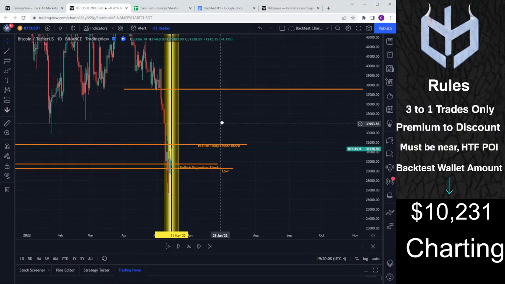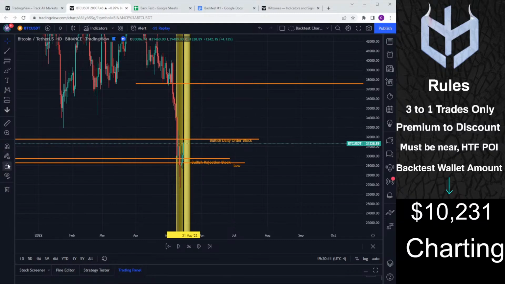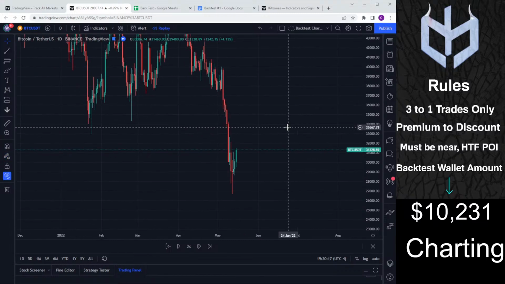Okay. Jesus Christ, that's a lot of paint on this chart. Let me go ahead and hide some of that.